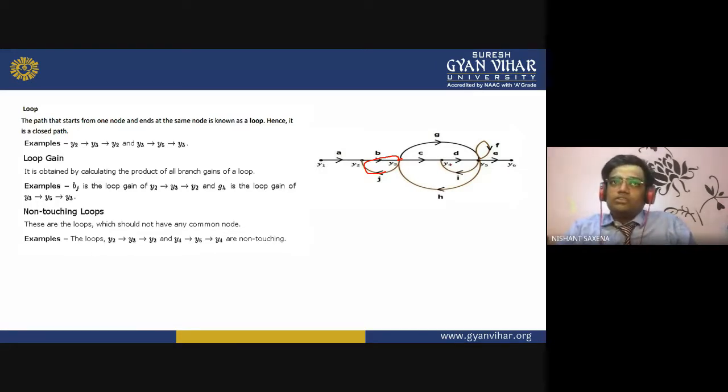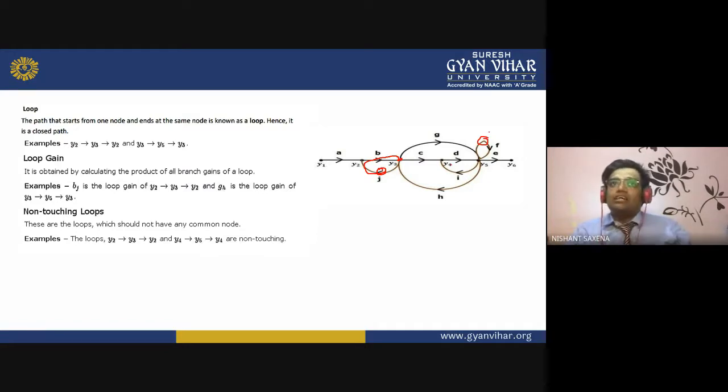Now, non-touching loops. All those loops which do not have any common node are called non-touching loops. That means this loop and this loop do not have any common node. That's why they are called non-touching loops. So how many non-touching loops are there? There are two non-touching loops in this.